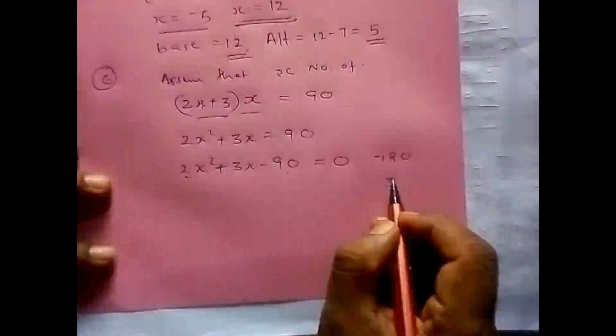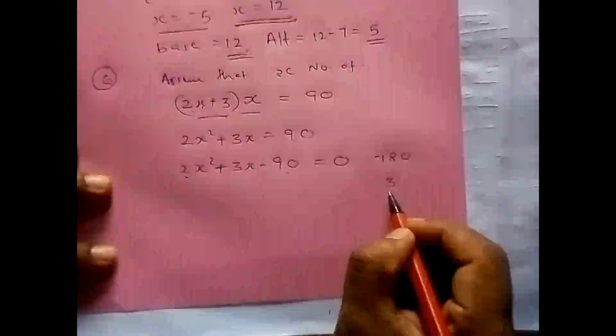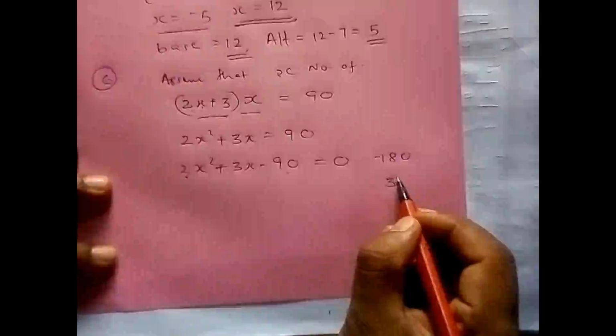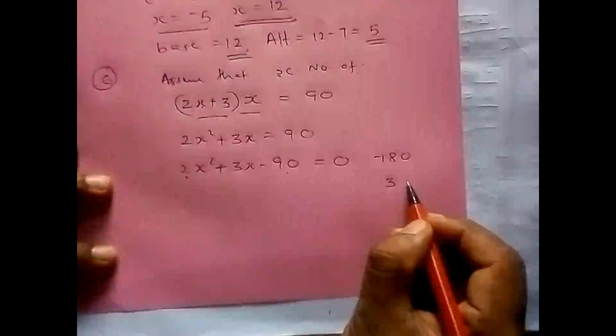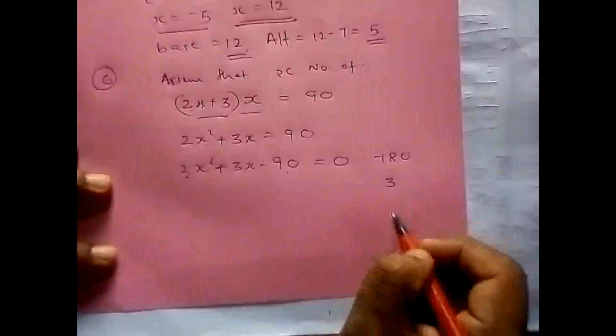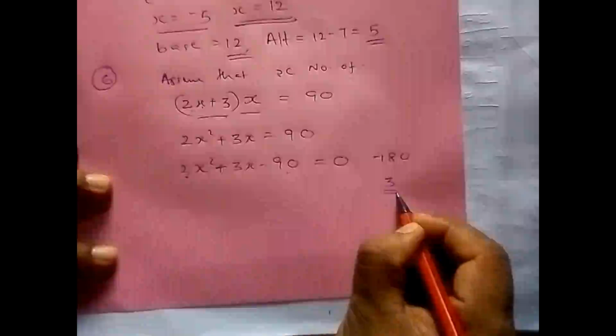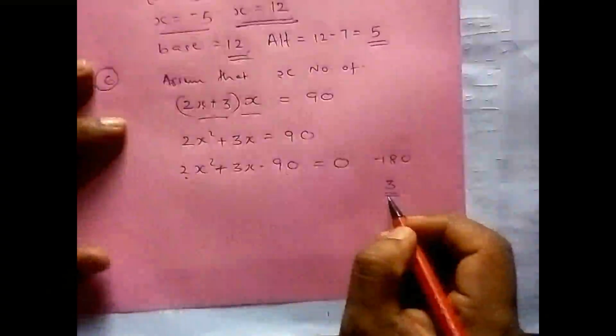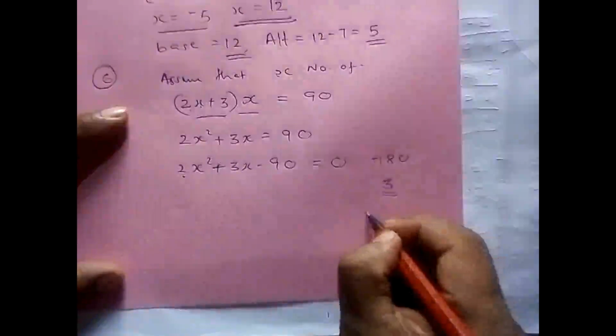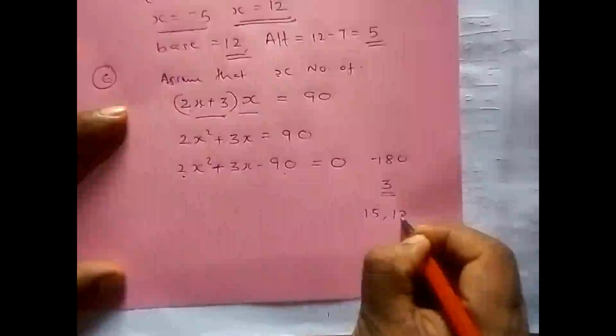So we have to find two numbers such that their product is minus 180. When the product is minus 180, one number will be positive and the other negative. And here B is 3, which means the difference is 3. So we can figure out that these numbers are 15 and 12.